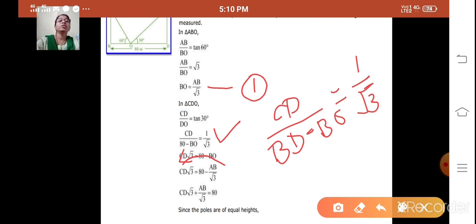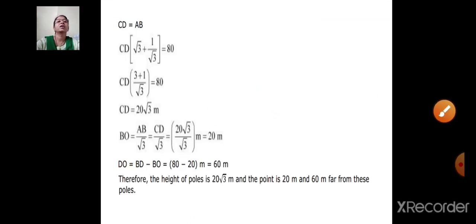But both the poles AB and CD are of equal height. So let us replace this AB by CD. So what we will get? But CD and AB both are equal, so I replaced AB by CD. Take out CD common.